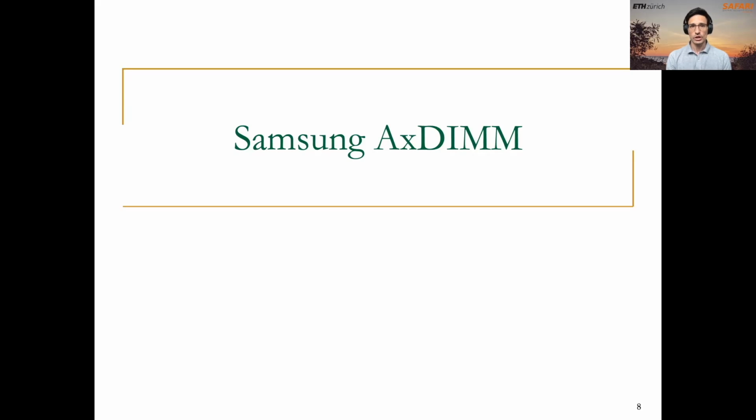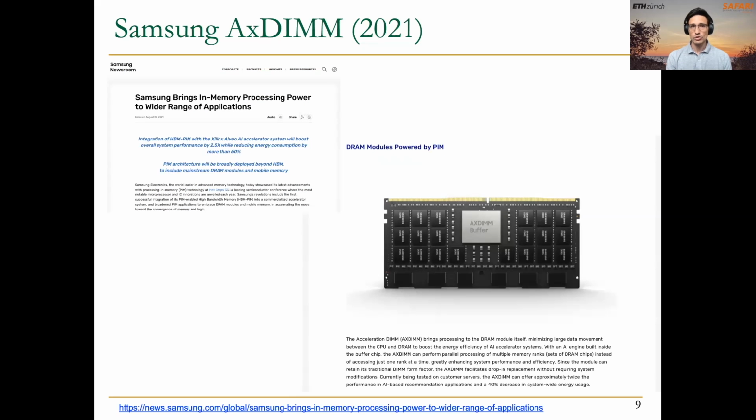This one is also from Samsung, and it is based on DIMMs, so the DRAM DIMMs are extended with some sort of processing engine. This architecture was also announced last year in August 2021, and it proposes to place a processing engine, called an AI engine in the announcement, inside the buffer chip of the DRAM DIMMs.